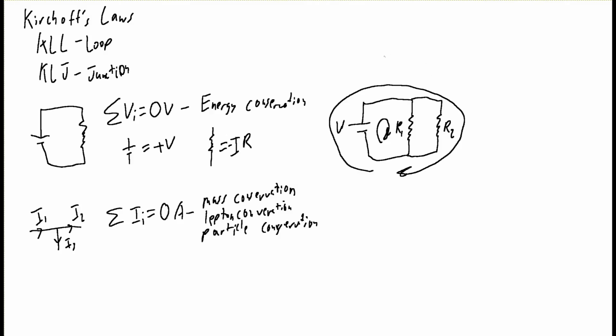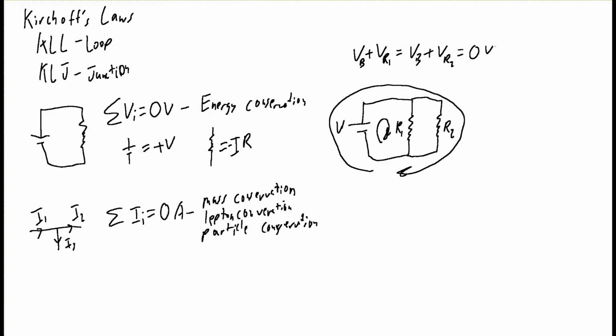So that means that V battery plus VR1 is equal to 0, and VB plus VR2 is equal to 0 volts.